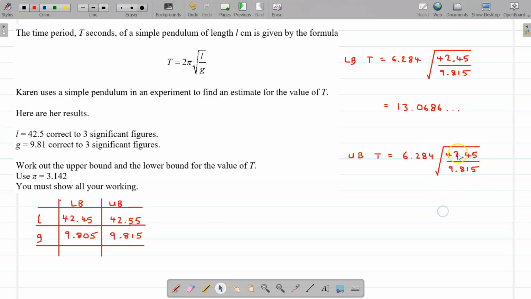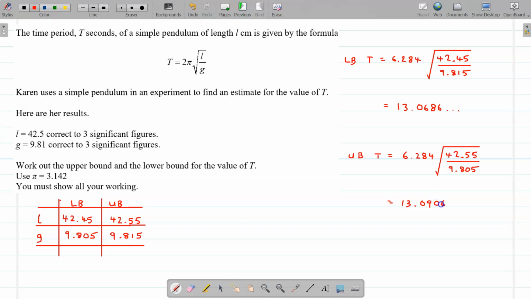So the number at the top would now become 42.55. So I'm now using the upper bound, and this would be 0 here. Okay, so that's now the upper bound of L and the lower bound of G, and that result comes out to be 13.09, okay, which is obviously bigger, as you would expect.